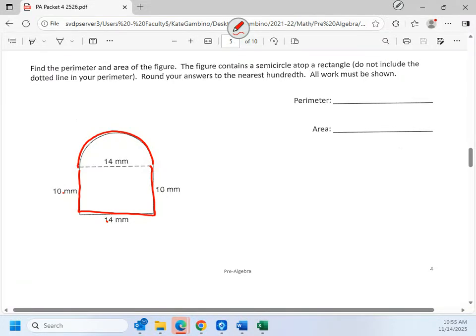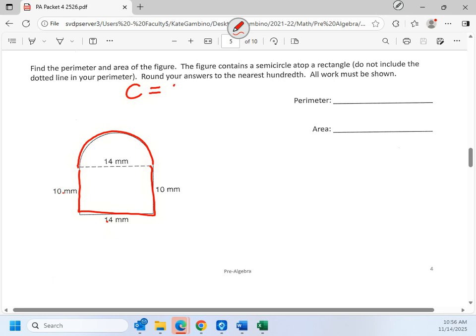So who remembers, the perimeter we call the circumference of the circle. What is the formula for the circumference of a circle? Is it, the pi times the radius? Nope, good guess. Pi r times 2.